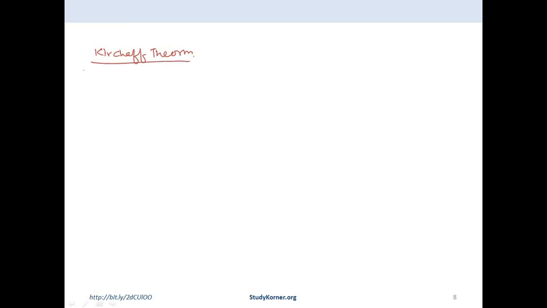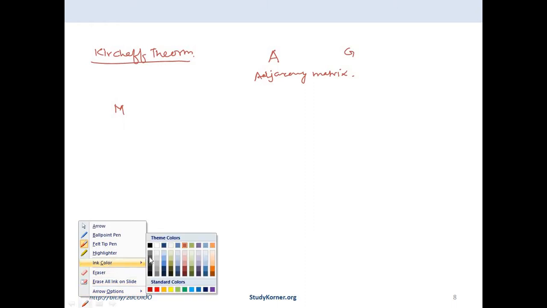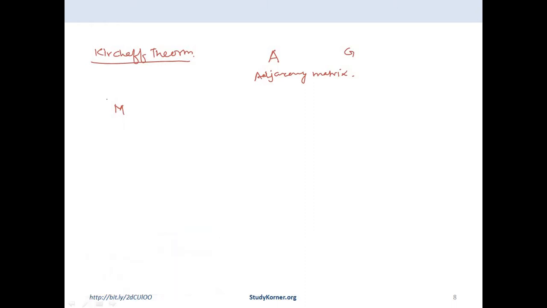So Kirchhoff's theorem says that if adjacency matrix A is given for any graph G, so A is an adjacency matrix and G is a given graph, then we have to obtain a matrix M by A. So how do we obtain it?